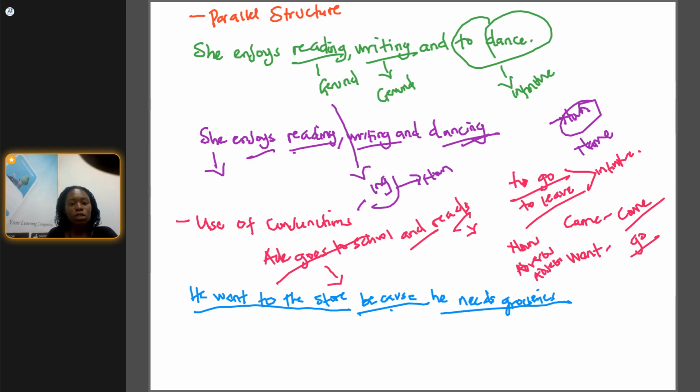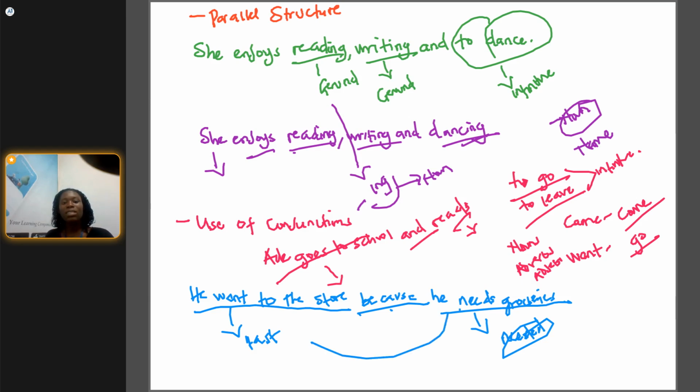So if he went to the store indicates past, then he needs groceries should also be in the past. So needs is supposed to be needed, because this is joining the two ideas together, so they must follow the same consistency. That's the rule for the use of conjunction.